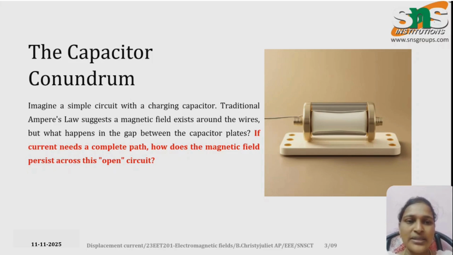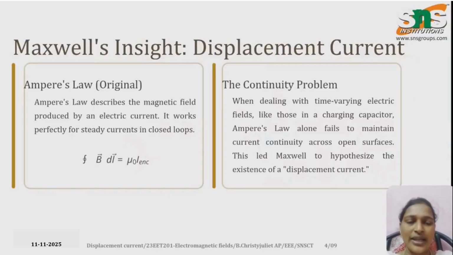So if the current needs a complete path as per Ampere's law to flow, then a magnetic field is produced, right? But in the case of a capacitor, the circuit is not closed. Then how does the magnetic field persist across this open circuit? That we are going to discuss in detail.